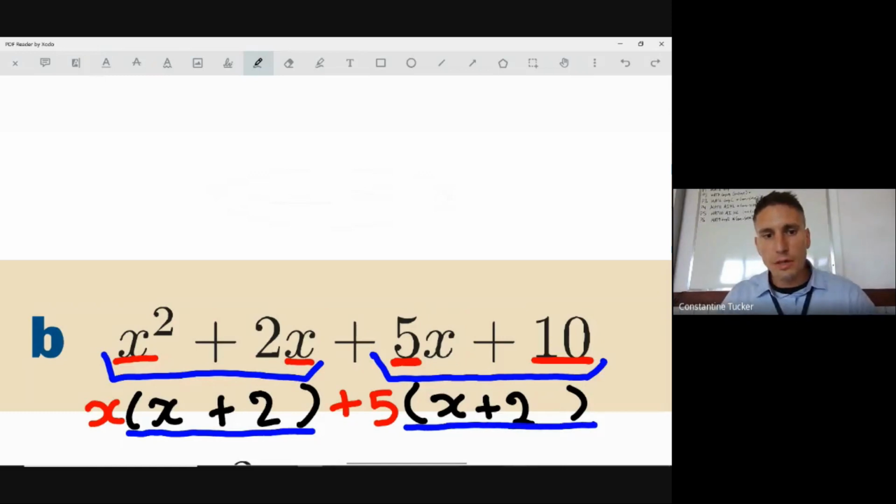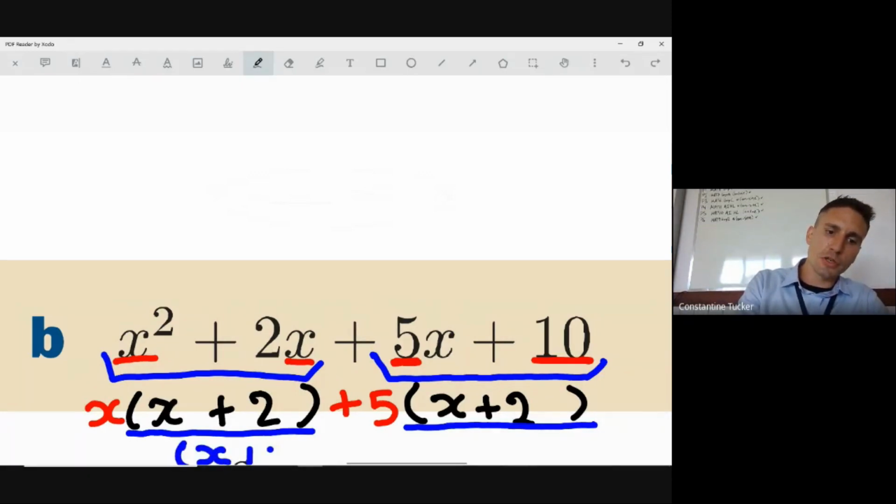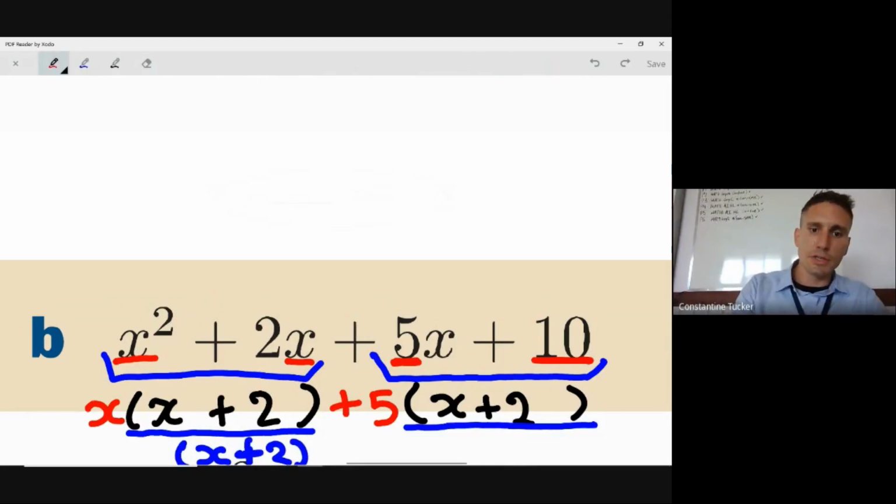So this entire thing now will work as our common factor. So what we'll do is we'll open one pair of brackets and we'll put x plus 2 in there as our common factor. And now we will open a new pair of brackets and we will put everything else in there. So we have x times x plus 2 and then plus 5 times x plus 2.